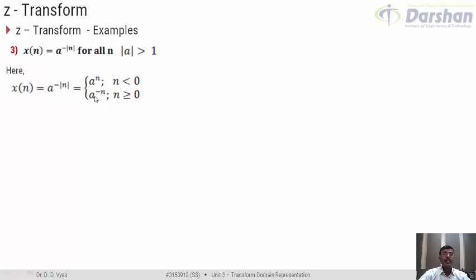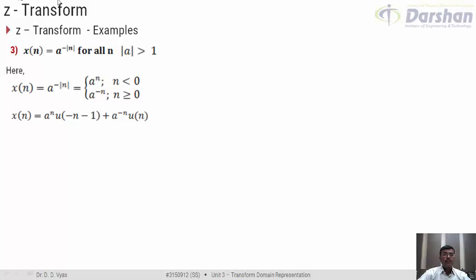So now I write it as a raised to power minus n. For example, if n is equal to 2, you would get a raised to power minus 2. So this is how we can remove this mod, and bring it in the form that we generally use.